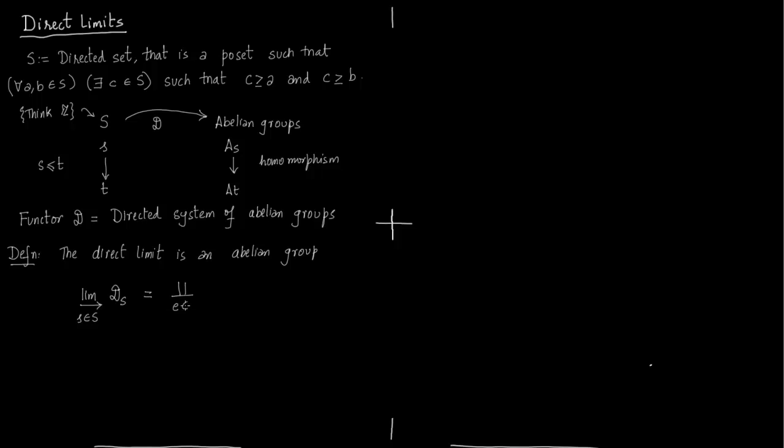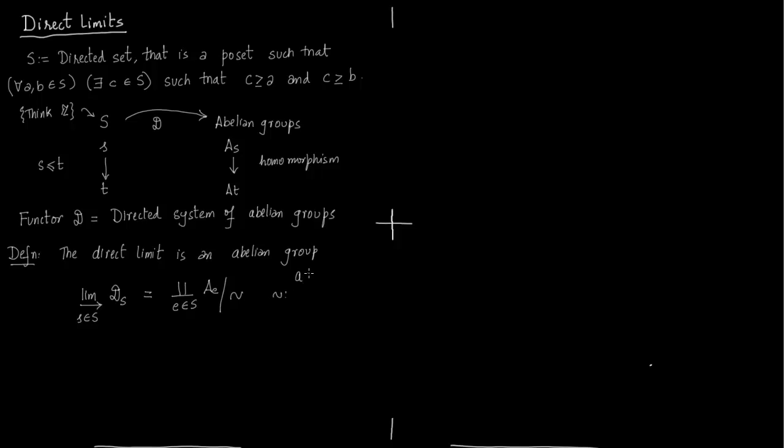You think of it as a disjoint union of all the abelian groups you have, and then you quotient out by some equivalence relation. So we need to figure out what this equivalence relation is.